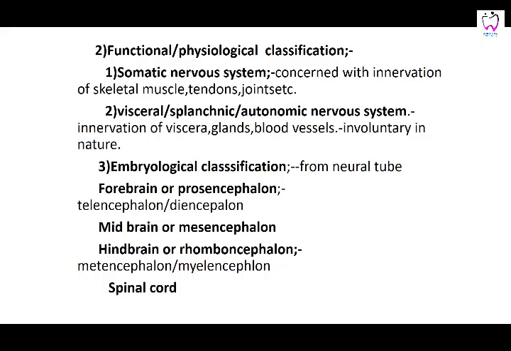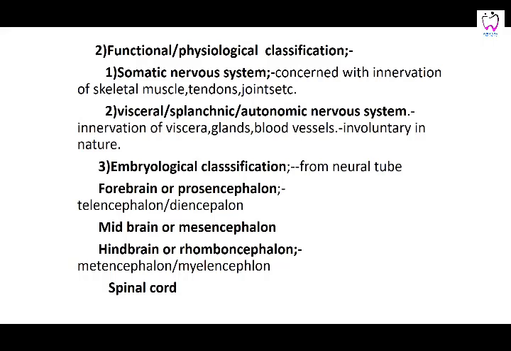Then you can classify the nervous system by embryological classification from the neural tube, according to what part developed from what. The neural tube is divided into three: the forebrain, midbrain, and hindbrain. Certain organs develop from the forebrain, some from the midbrain, and some from the hindbrain.